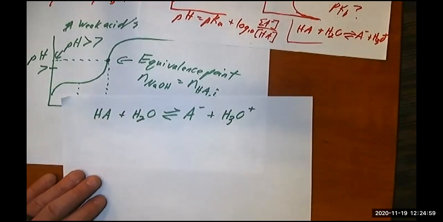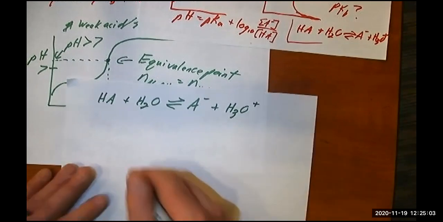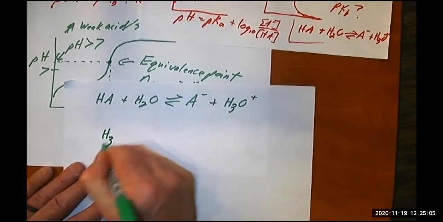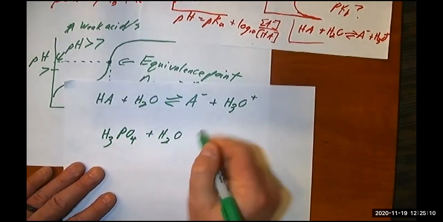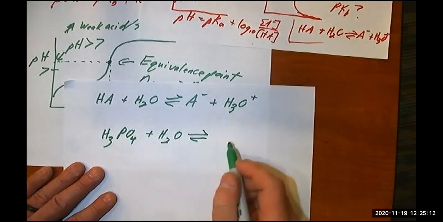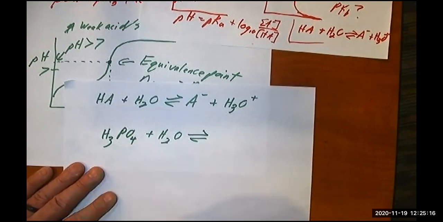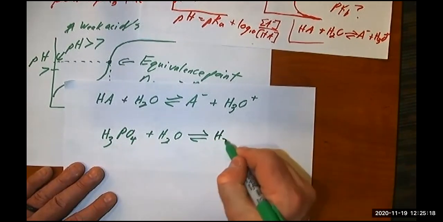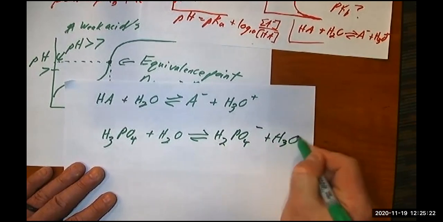Because if we have a polyprotic acid, let's say phosphoric acid, so we have H3PO4 plus H2O, we don't have this turn immediately into PO4 3 minus. It happens in steps. It becomes H2PO4 minus plus H3O plus.